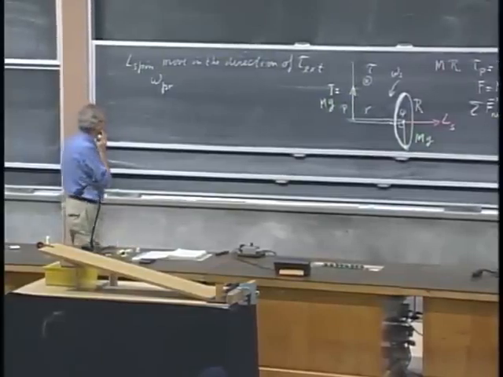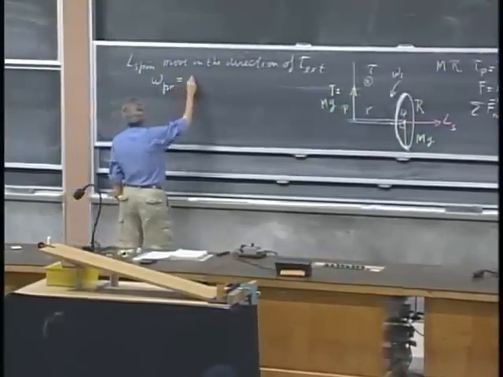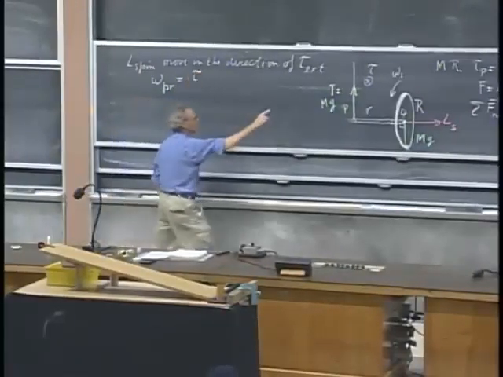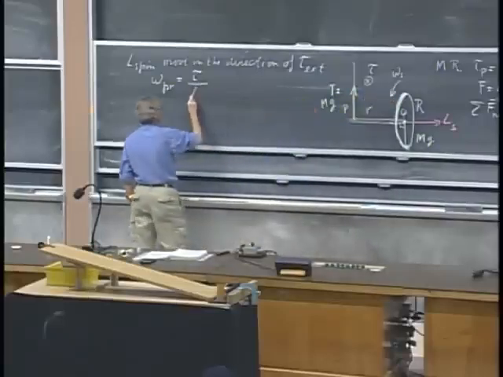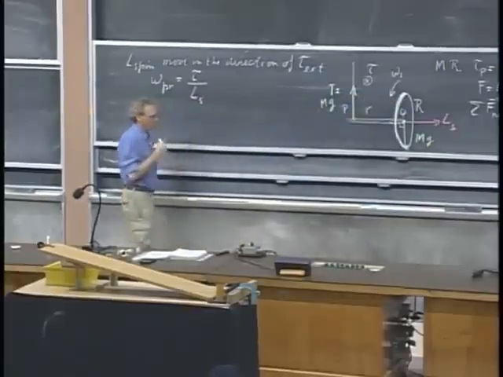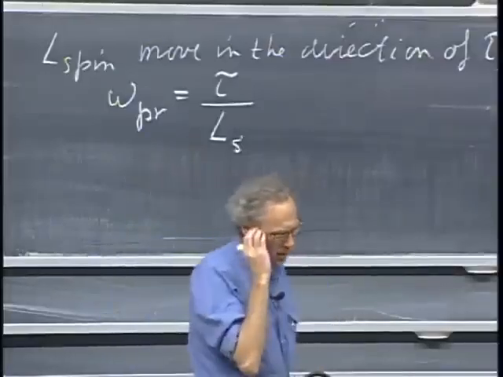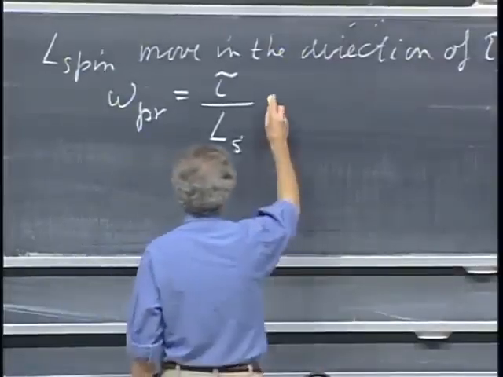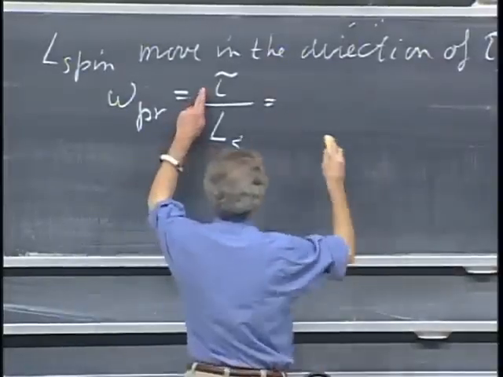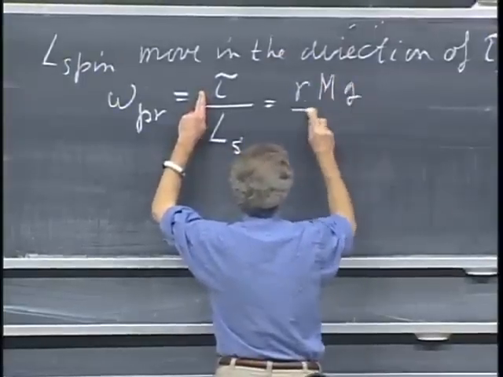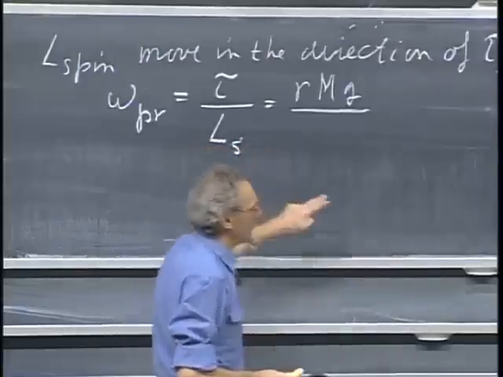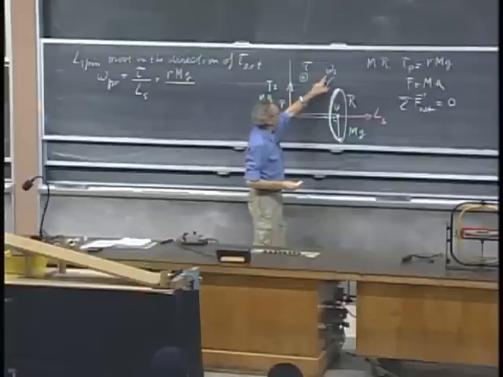And I will not derive it here, but what comes out of it is that it is the torque, the one that we have here in this case, divided by the spin angular momentum. That gives you the frequency of the precession. In our case, for our bicycle wheel, it is Rmg, and the spin angular momentum of this wheel, if it is rotating with angular velocity omega of s, would be I times omega.